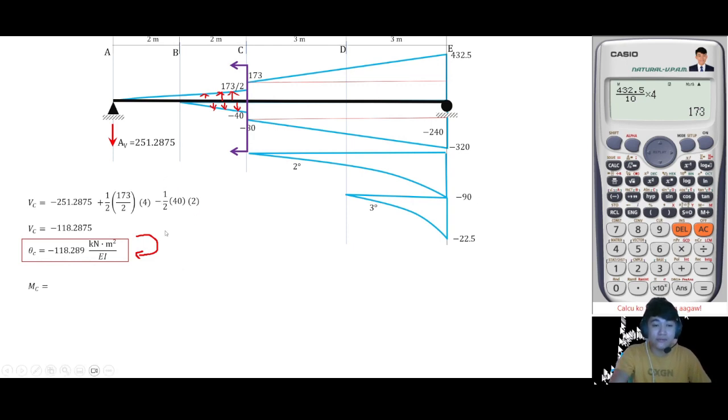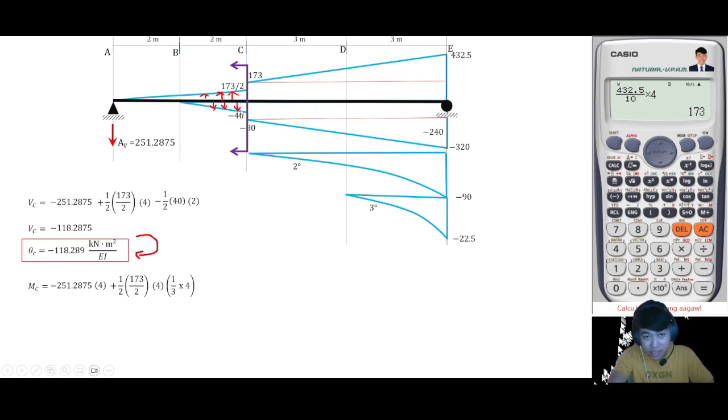Next is the moment at point C. Just get the moment of this loading towards point C. So we have a 251.2875 counterclockwise toward point C, a distance of 4 meters. And then this triangular load, 1 half of 173 over 2 times 4, the distance of 1/3 of 4.